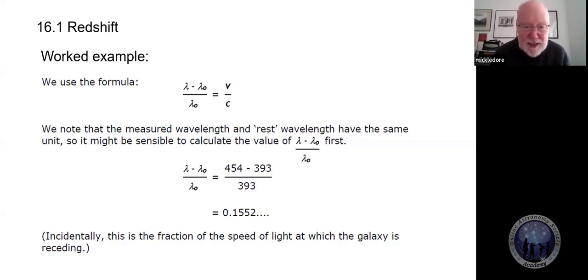The measured wavelength is lambda. So if you sub into the equation, 454 nanometers take away 393 nanometers divided by 393 nanometers gives you 0.1552 and lots of other digits as well. Don't write all those down, just keep them in your calculator.